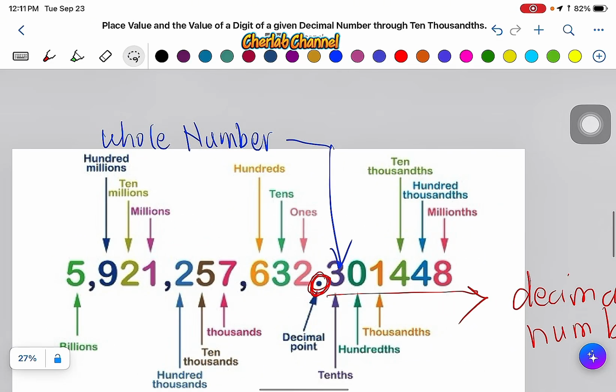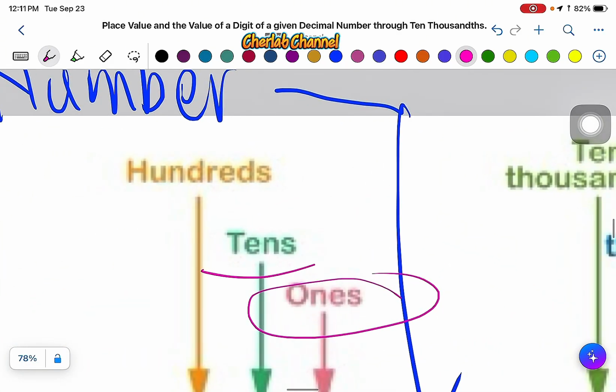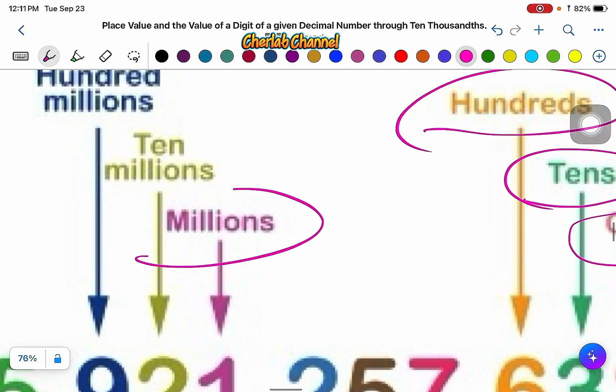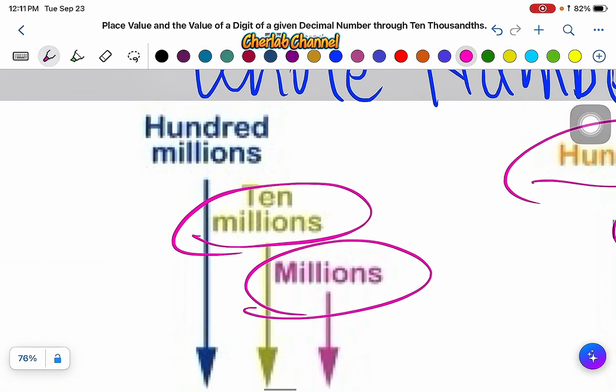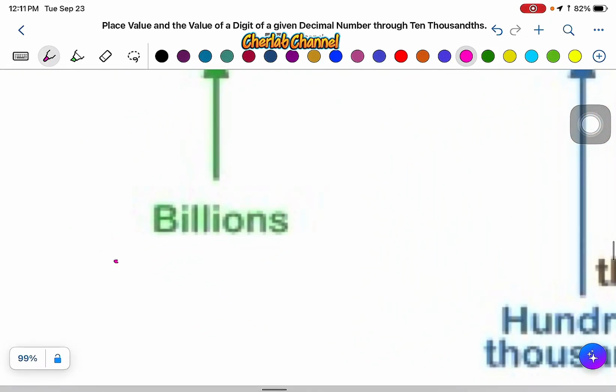Aside from the direction, the difference can be seen sa kanilang spelling. See? Ones, tens, hundreds, millions, 10 millions, 100 millions, and billions.